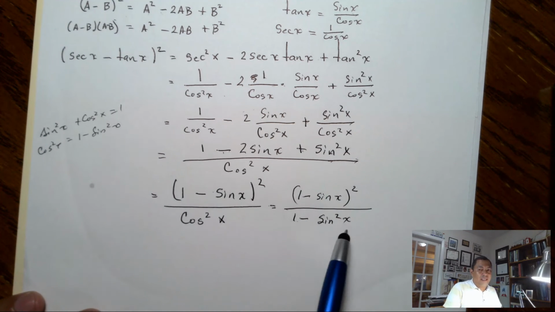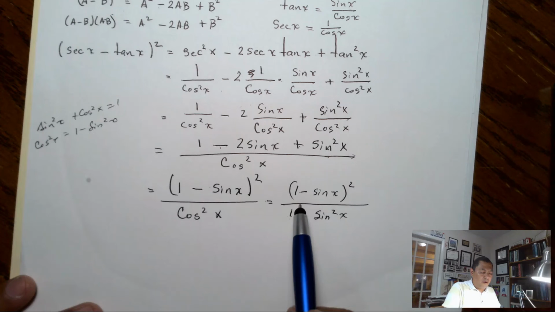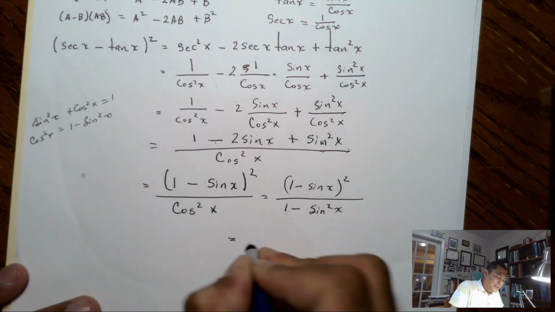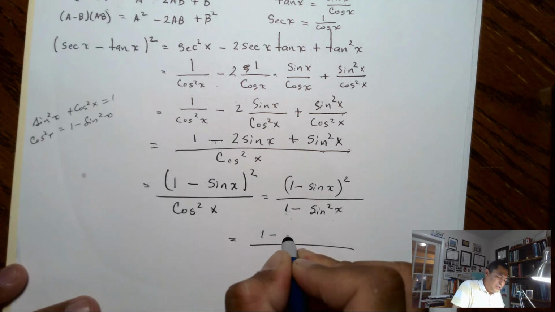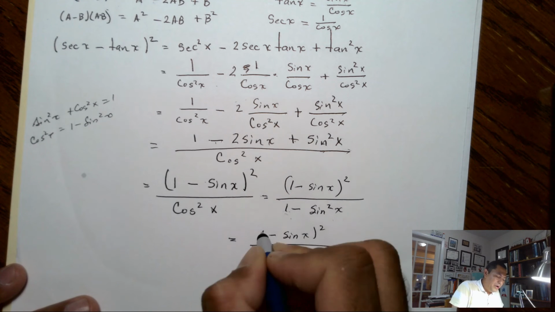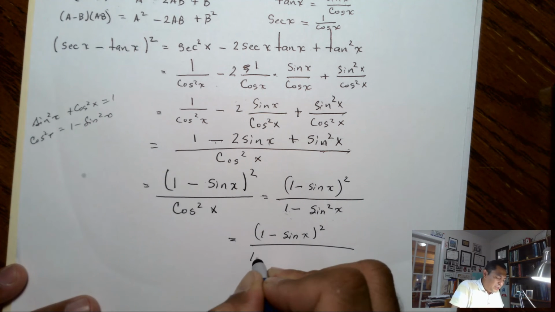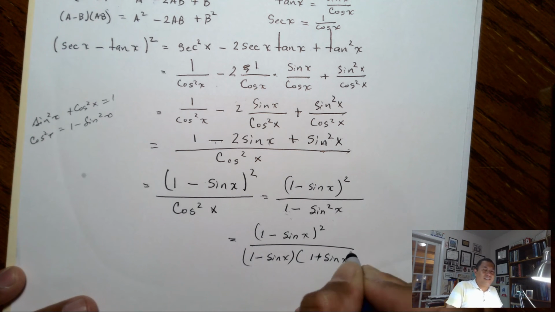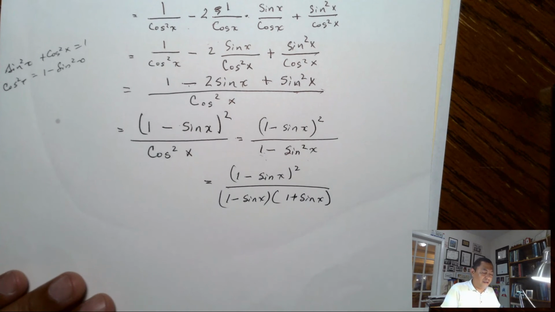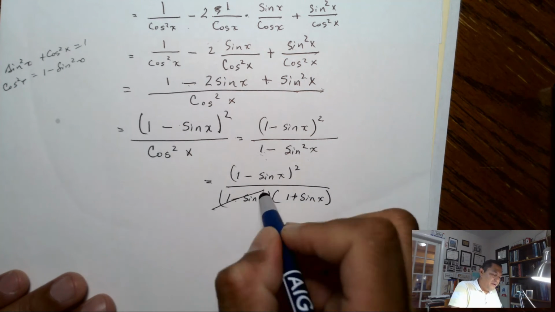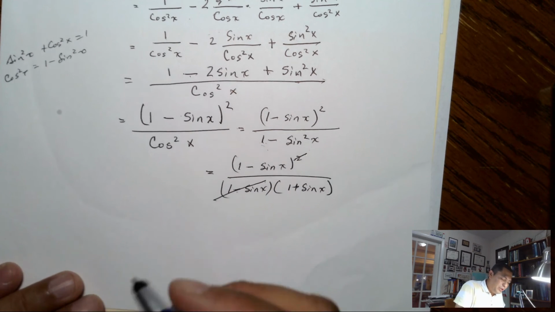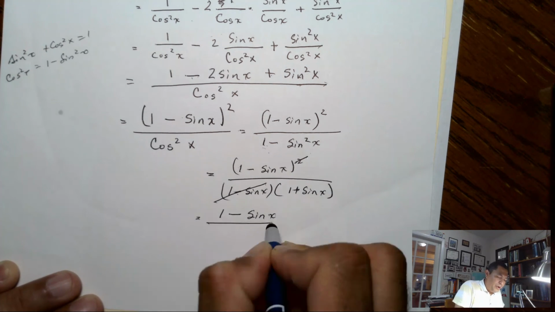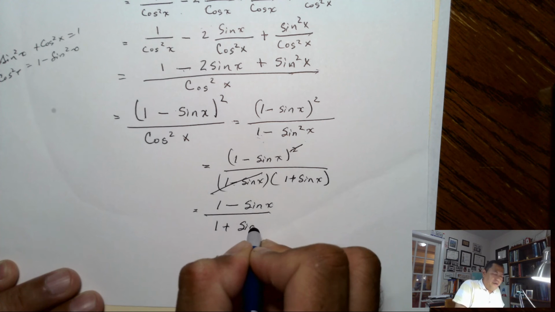I can see the denominator as a difference of squares because I have 1 to the second power and sine to the second power, so I can factorize it. This becomes (1 minus sine of x) squared over (1 minus sine of x)(1 plus sine of x). Then we can cancel out one 1 minus sine factor with one in the numerator. So my solution is going to be 1 minus sine of x over 1 plus sine of x.